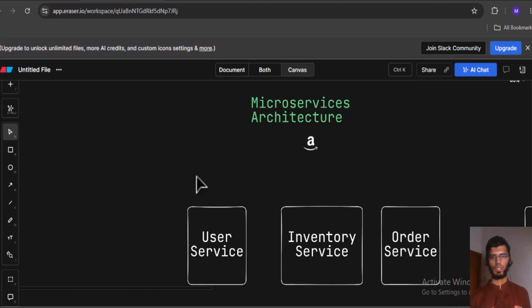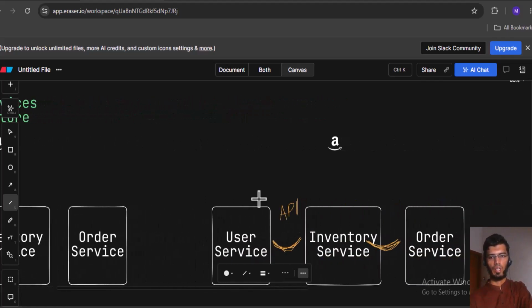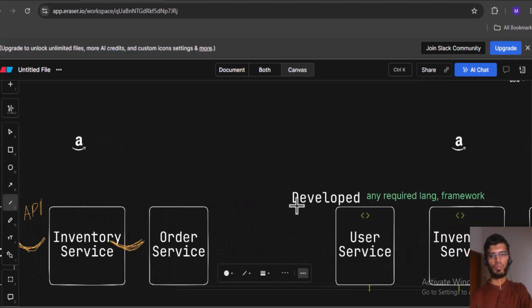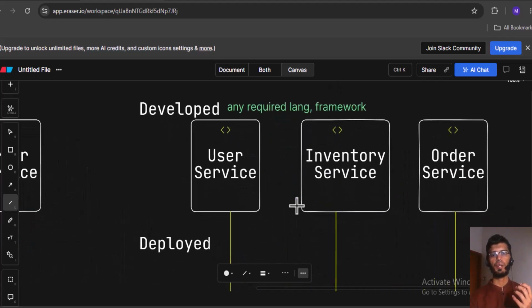So microservices architecture is an architecture or a blueprint where we divide our application into small units that are known as services. Remember, we divide our application into small units. These units are known as services, and these services communicate with each other with the help of APIs or network calls. Furthermore, these microservices can also be developed, scaled and deployed independently.